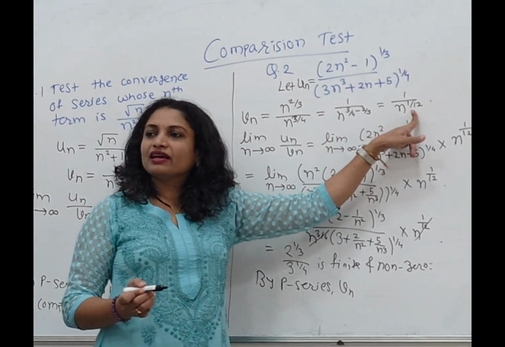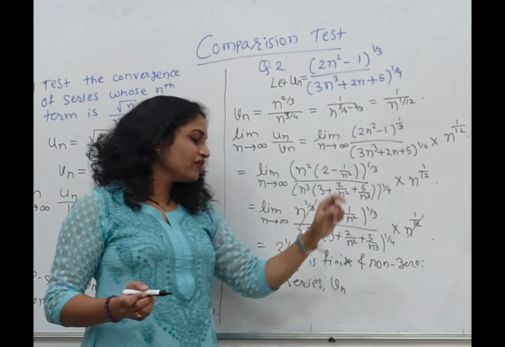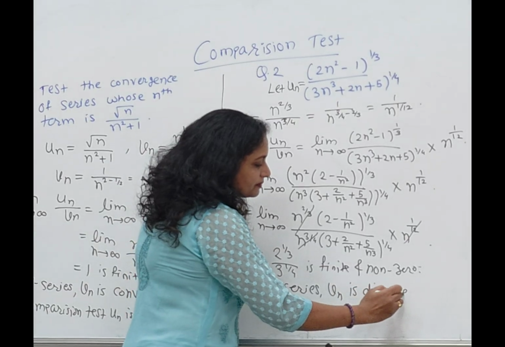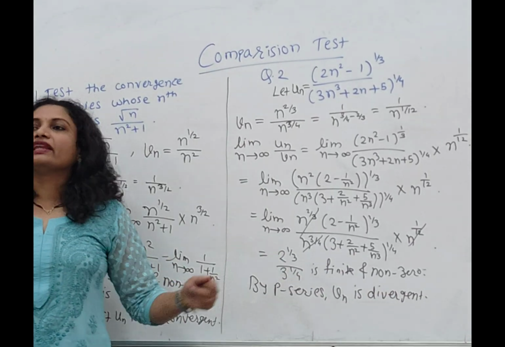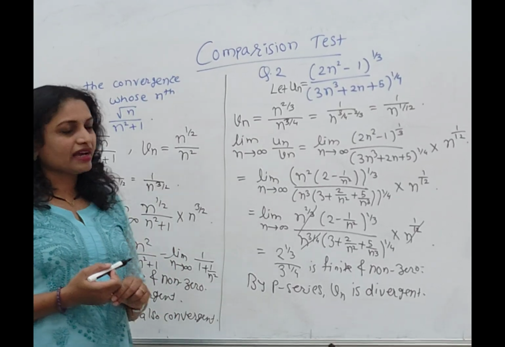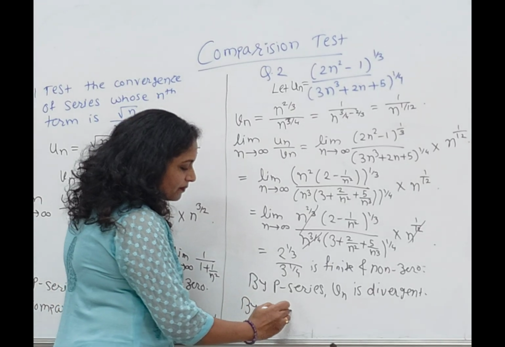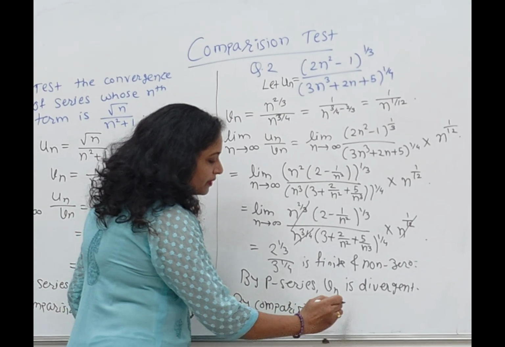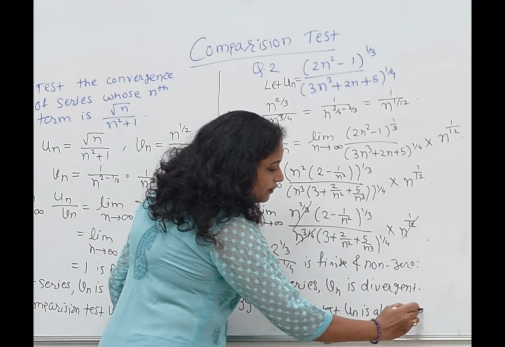Less than 1 or greater than 1? Less than 1. So what can you say? Divergent. So Bn is divergent. So as Bn is divergent, what can you say about Un? Un is also divergent, but you need to mention the test here: by comparison test, Un is also divergent.